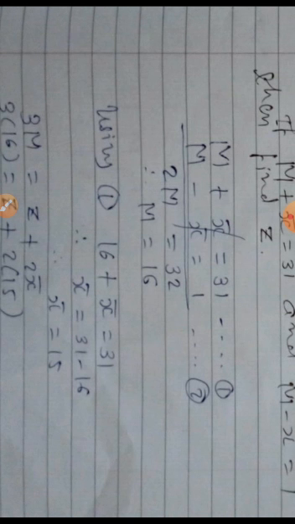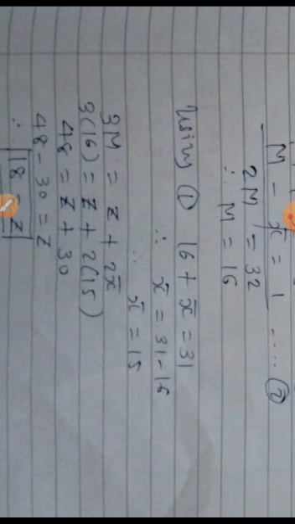So far we have only solved both simultaneous equations. Now the topic of this lesson starts. So far no concept of this lesson was used; now it is going to be used. Now use our main formula: 3m equals z plus 2x bar.